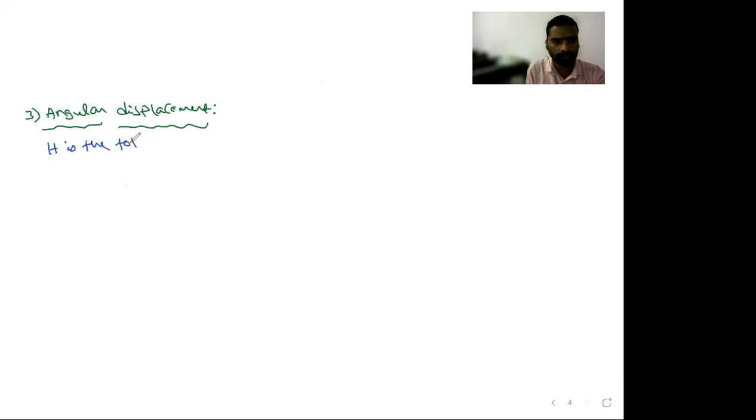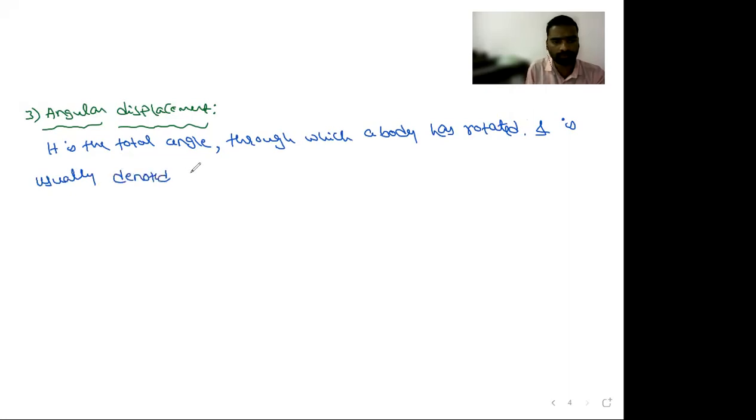It is the total angle through which a body has rotated, and is usually denoted by the letter theta.